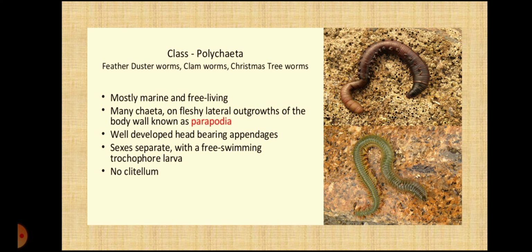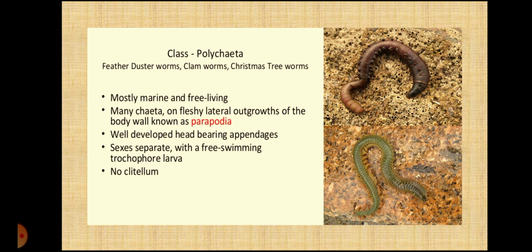Class Polychaeta. Poly means many, chaeta means bristles or the hair like structures that are called setae. It is characterized by the presence of a spacious and septate coelom.